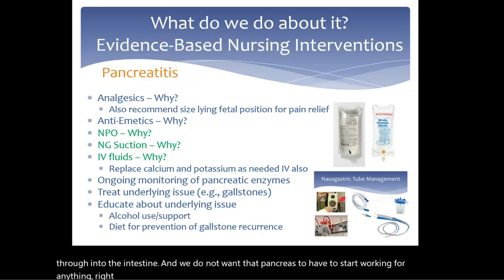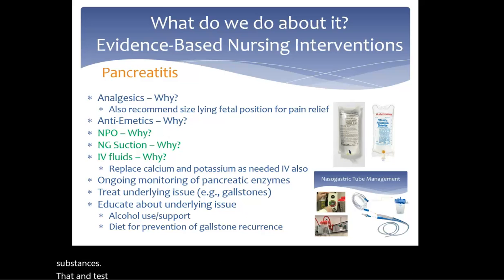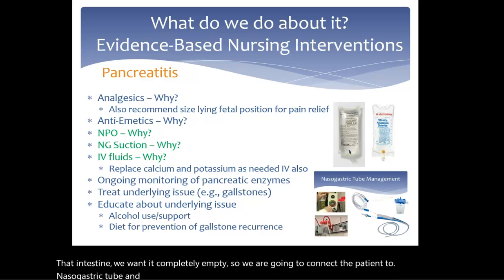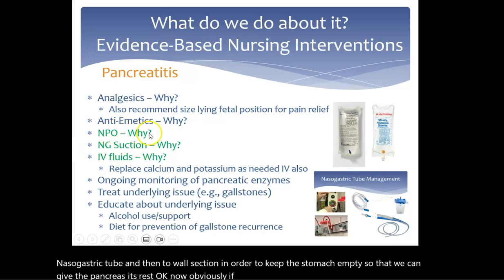So we don't even want gastric juices created by the stomach to be passing substances onto that intestine. We want it completely empty. So we are going to connect the patient to a nasogastric tube and then to wall suction in order to keep the stomach empty so that we can give the pancreas its rest, okay?